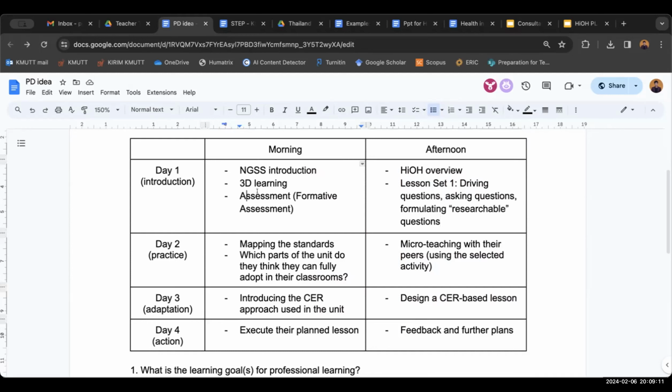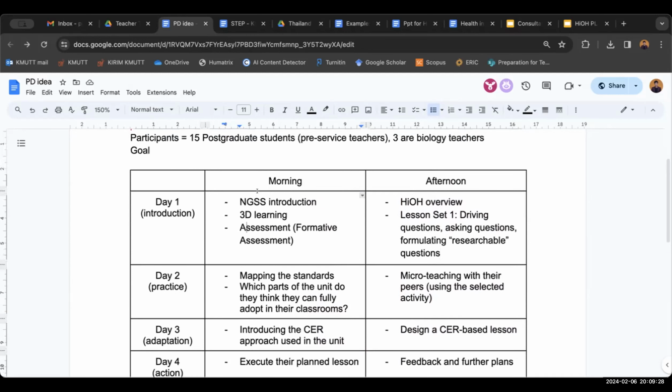This module asks what actually affects the health of Monique. Monique is the character in the learning module. So I will use an example of the module to get my participants to ask questions, and from the questions they ask, see which are researchable, and this can help them see the direction of the lesson.